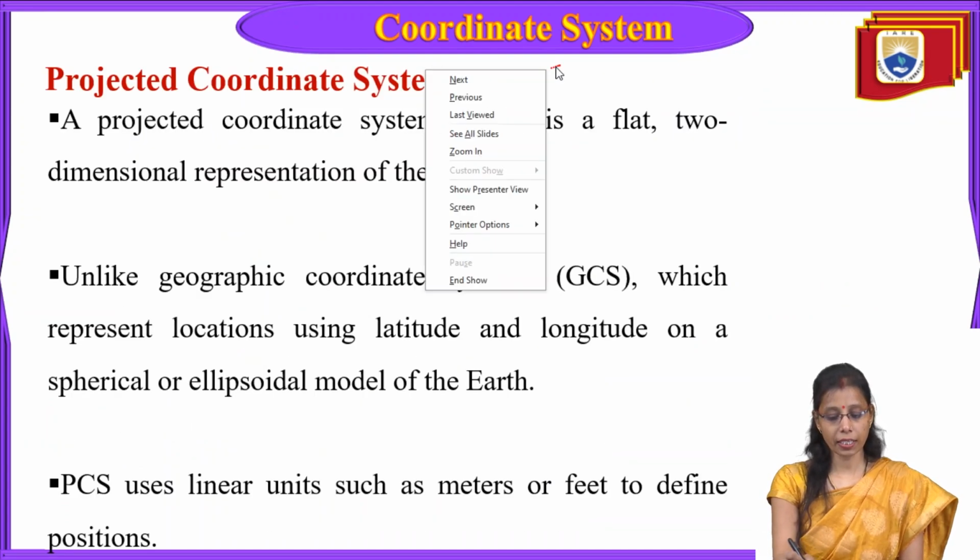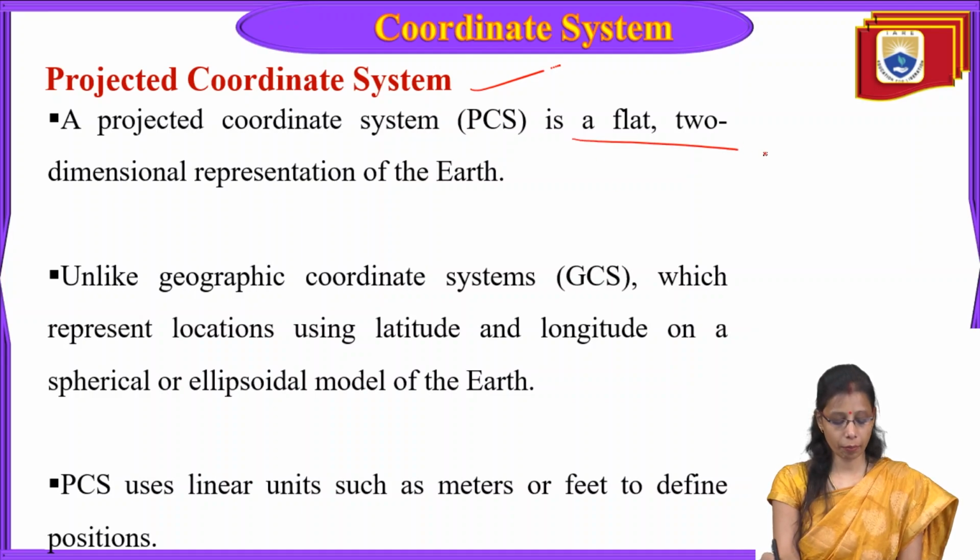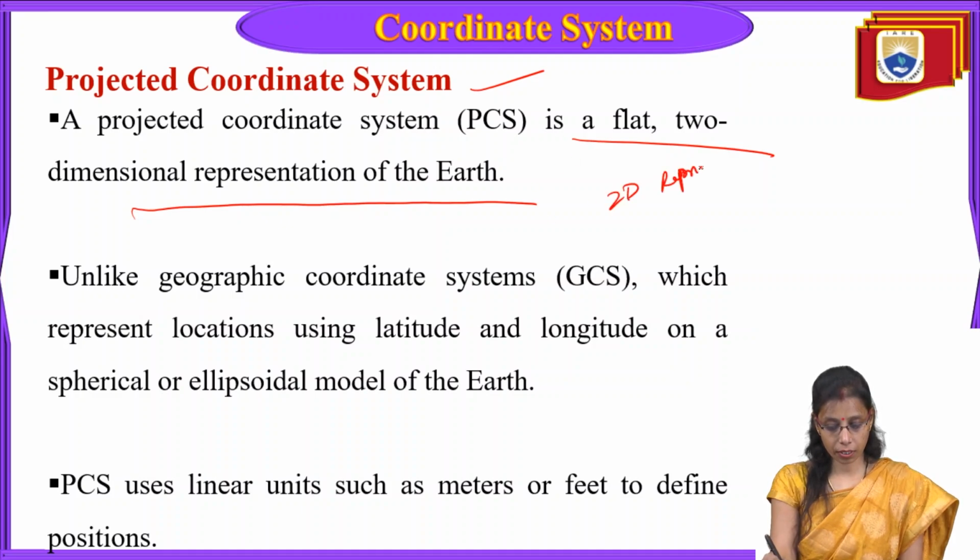Now what is a projected coordinate system? Generally we call it PCS. It's a flat two-dimensional representation of the Earth. Okay, 2D representation of the Earth.